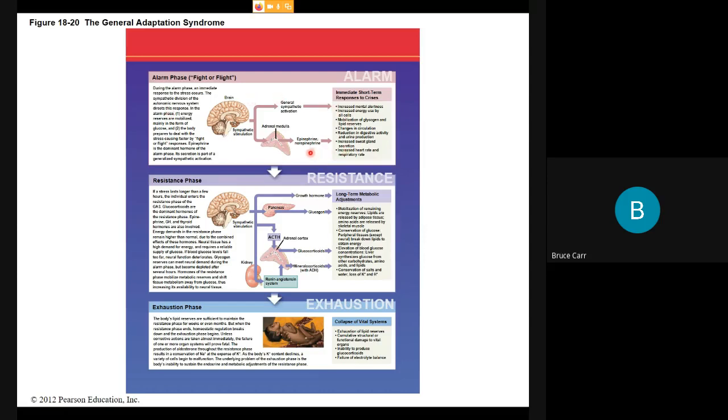If it continues, however, longer than a few hours, you go into a resistance phase. Now, glucocorticoids are the dominant hormones of resistance. Epinephrine, growth hormone, thyroid hormones are also involved, and energy demands are remaining higher than normal, producing a new cycle of response.